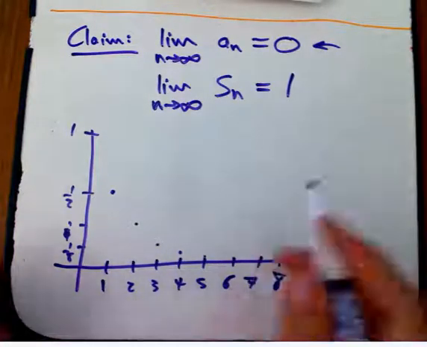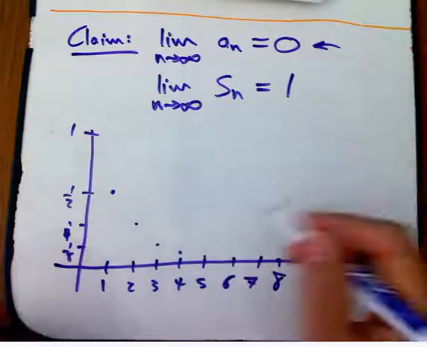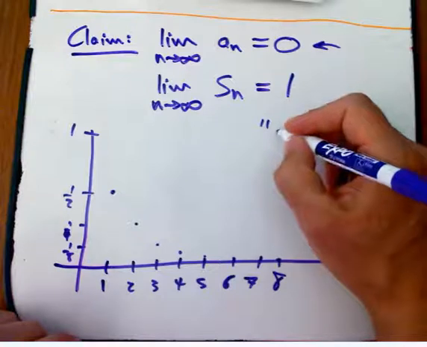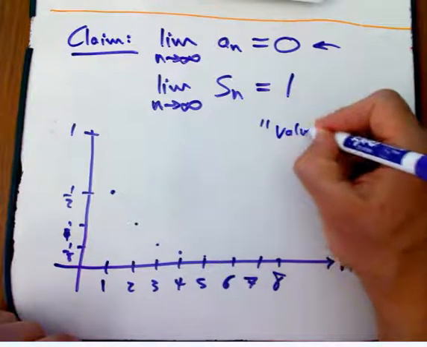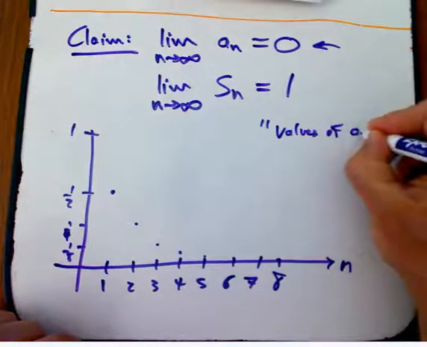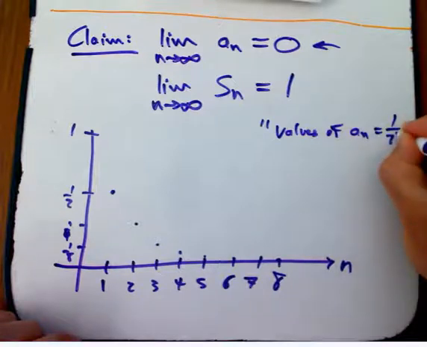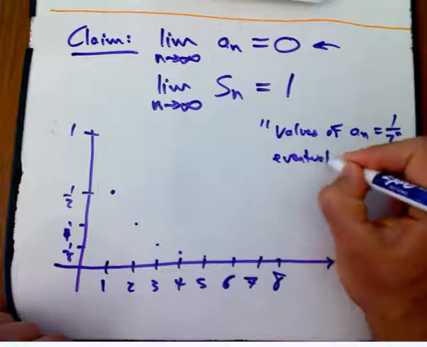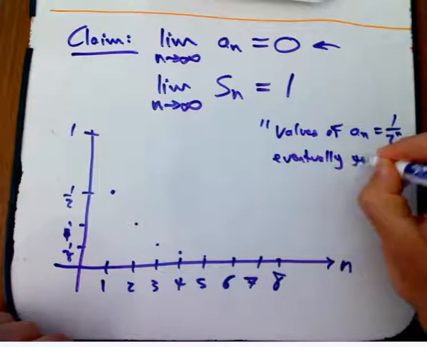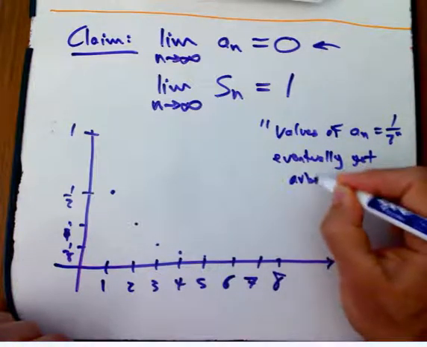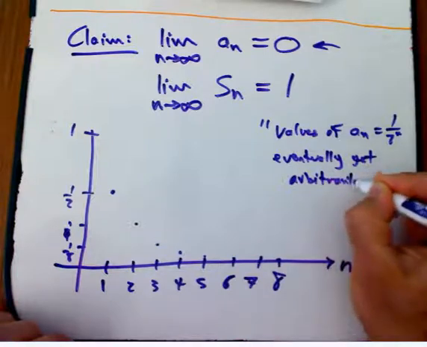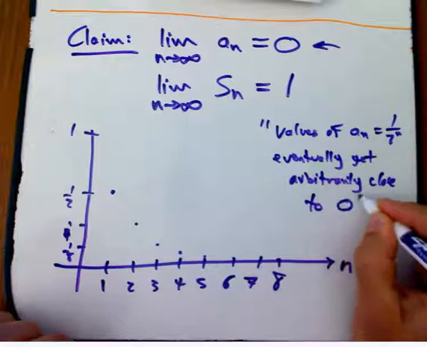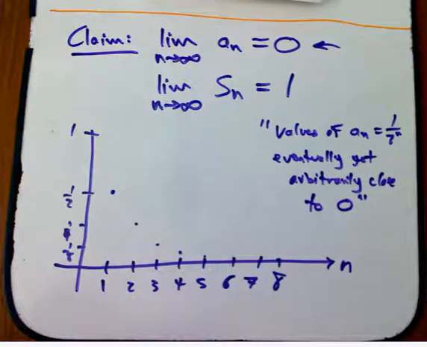So we'd like to say informally, and we'll formalize this, something like the values of a sub n, which are 1 over 2 to the n, if we want the formula, eventually get arbitrarily close to 0, which we're claiming to be the limit value.